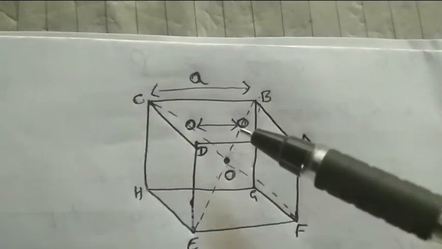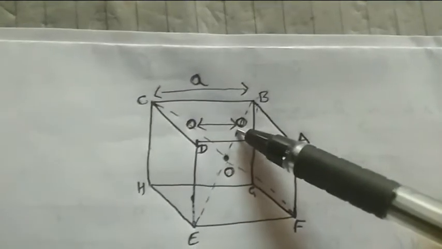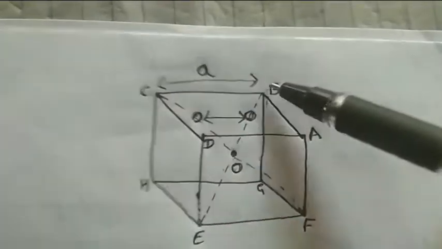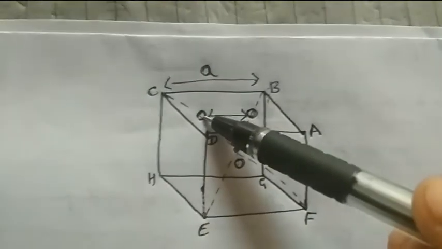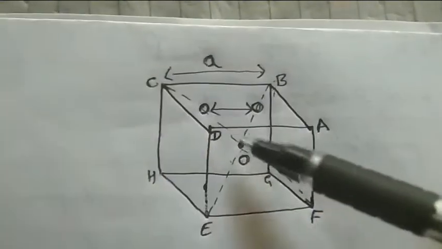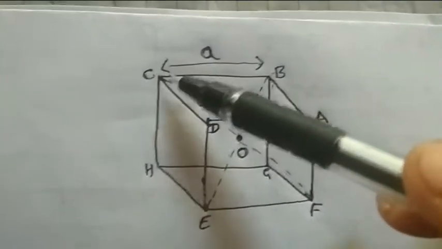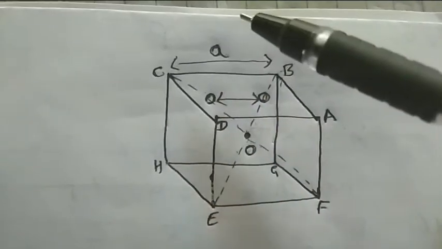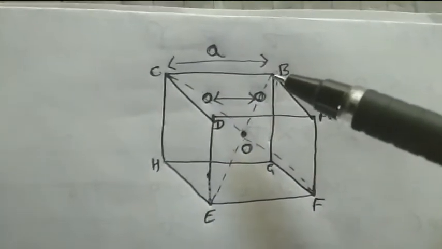These voids are present exactly at the midpoint of OB. These voids are also present exactly at the midpoint of OC. And then this edge length is a, and one triangle theorem is there.